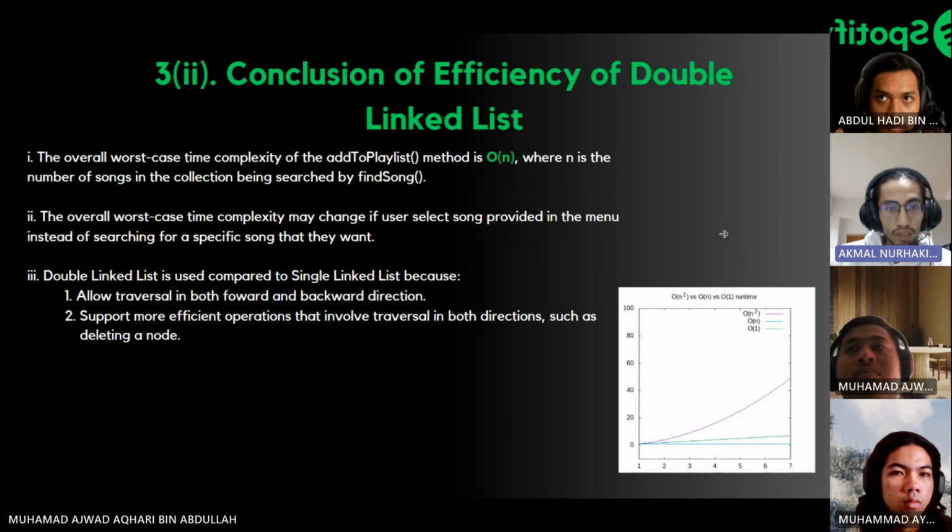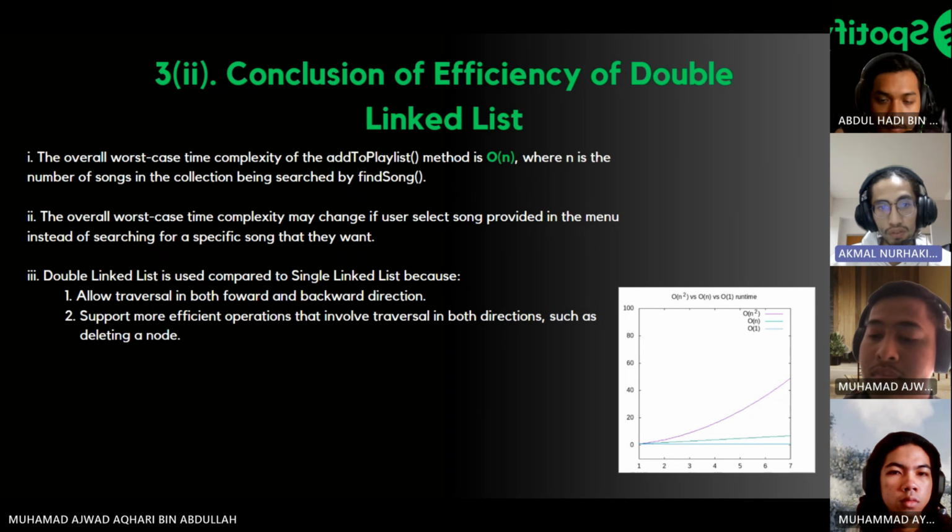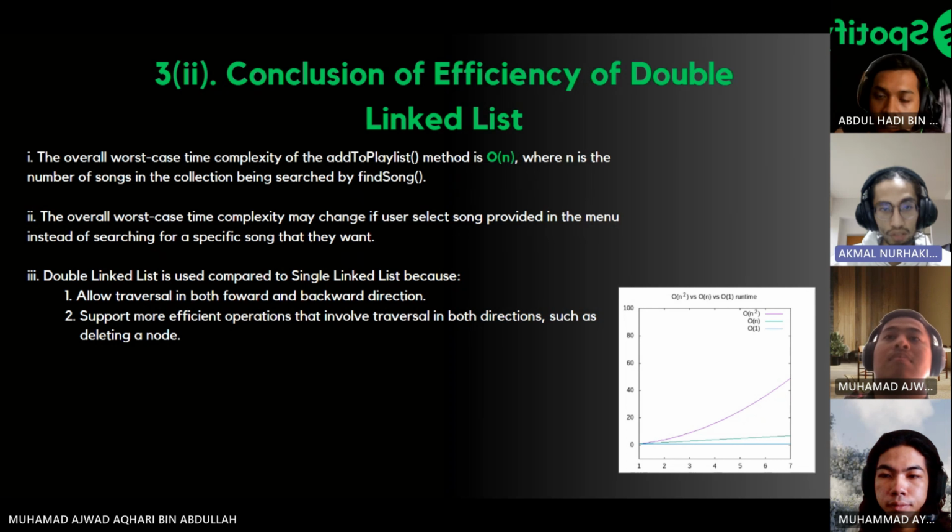So to conclude the efficiency calculation, the overall worst case time complexity of adding song to a playlist is O(n). However, the time complexity may change if the user selects song provided in the menu instead of searching for a specific song that they want.